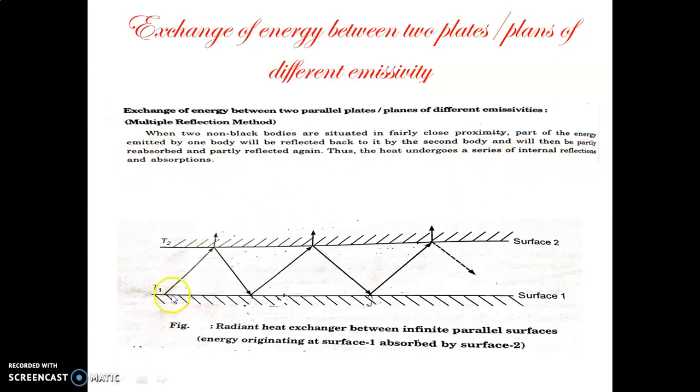Here, suppose this plate or surface has a higher temperature. T1 may be higher, suppose 500 Kelvin, and suppose this other surface has a temperature of 300 Kelvin. So the heat is transferred from this surface to this surface. When it is transferred, part of it is absorbed and part is reflected.